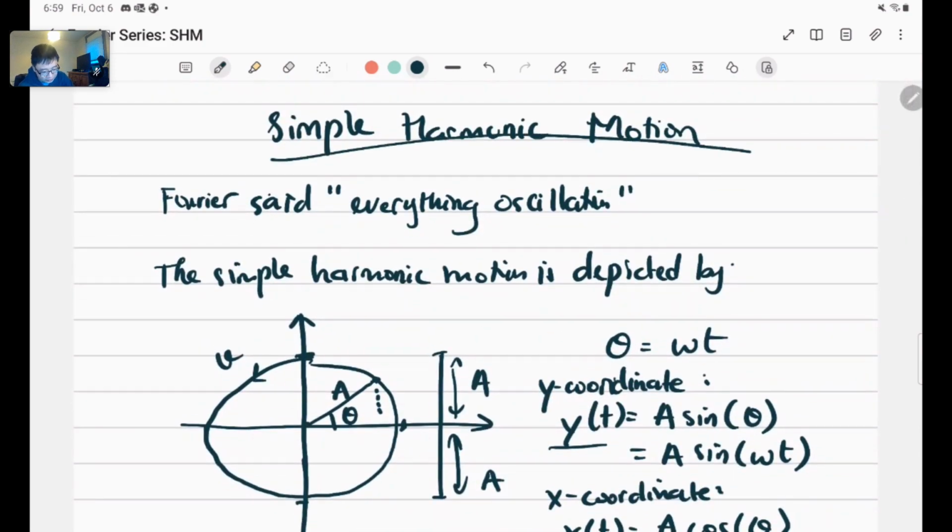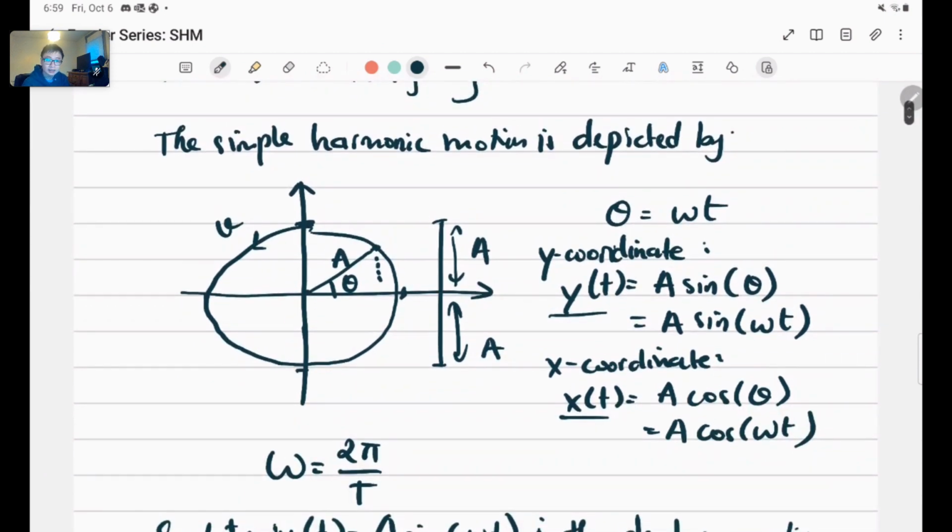So just in a nutshell again, simple harmonic motion. You can think about the pendulum when we talk about simple harmonic motion, and you can easily draw a circle right there. The amplitude is always the radius of the circle, and the angle is treated like a displacement that's equal to angular velocity times t, right?